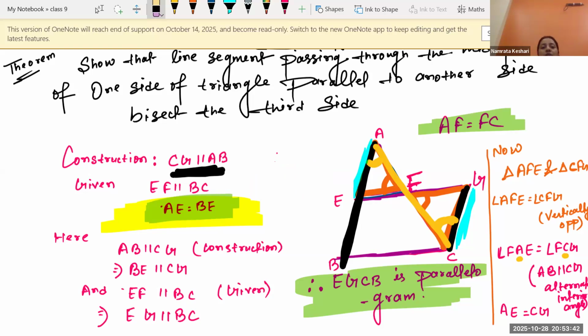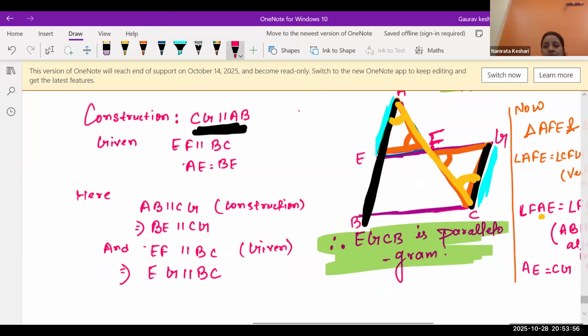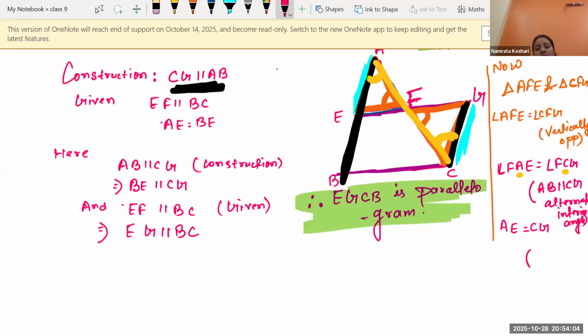So we will say from the given condition, let me write it. We will write from the given condition, it was given that AE and BE are the same, and since it's a parallelogram, EGCB is a parallelogram.